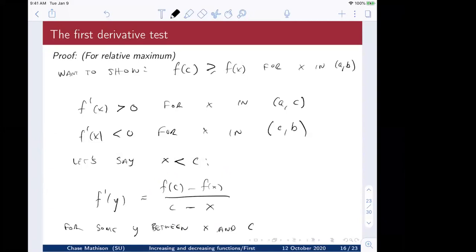Okay. And then I'm also going to assume x is less than c, but I'm going to assume that x is in this interval a to c. So that means y is between a and c.